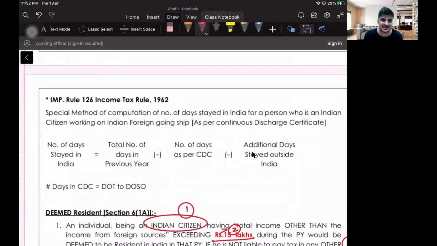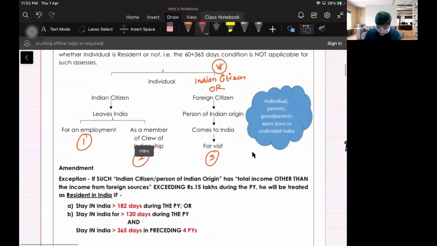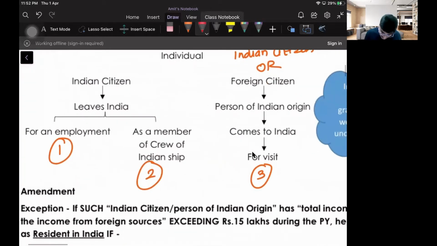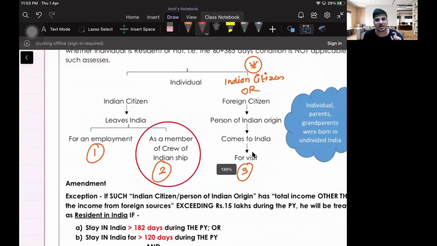Rule number 126 of income tax rules, wherein they have mentioned there is very much inconvenience in determining the total number of days of stay in India in case of a member of crew of Indian ship. We saw this in point number 2, member of crew of Indian ship. To calculate the total number of days, there is a lot of inconvenience.